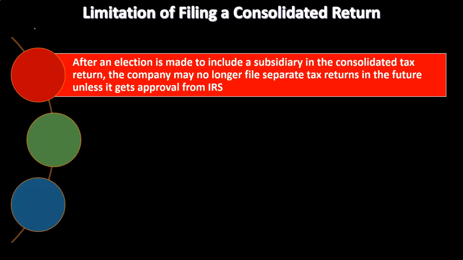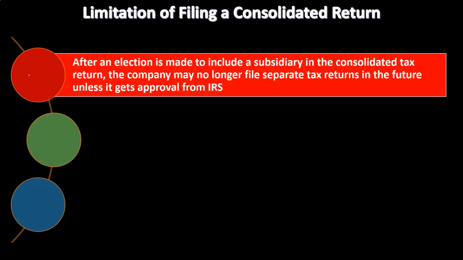Limitation on filing a consolidated return. After an election is made to include a subsidiary in the consolidated tax return, the company may no longer file separate returns in the future unless it gets approval from the IRS. So you might think, okay, if I have this situation, maybe I work this thing out as if I file a consolidated return, and then I work it out as if I'm not consolidated, and I do that every year, and then I file the one which is better.